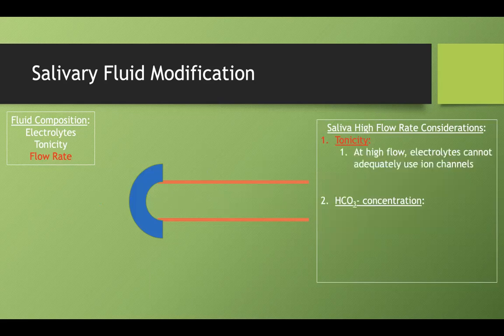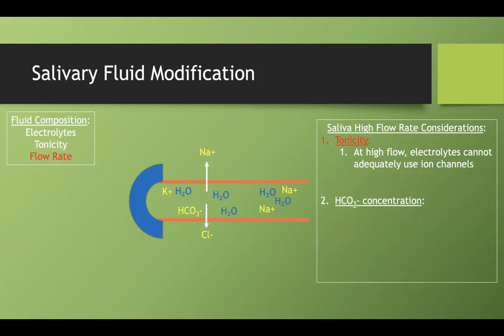At very high flow rates, if your acinar cells are working hard and just throwing everything into the saliva and everything's moving quickly through the duct and into the oral cavity, you don't have time for those electrolyte channels, the ion channels, to actually reabsorb too many of the electrolytes. So, for example, this is what would maybe be produced by the acinar cells. And normally we would be able to reabsorb a lot of this stuff. And now we have our hypotonic solution that we talked about earlier.